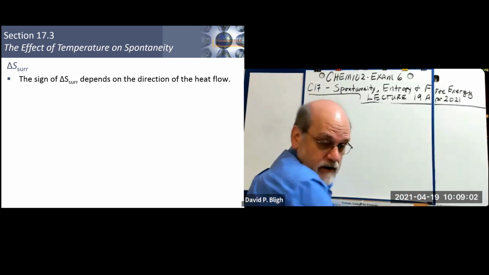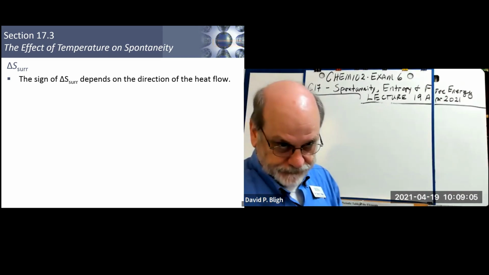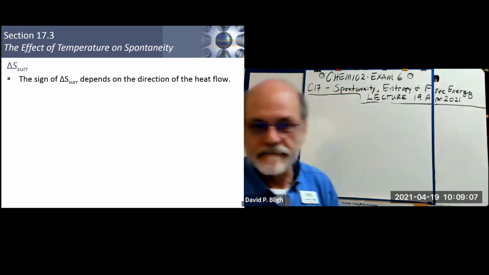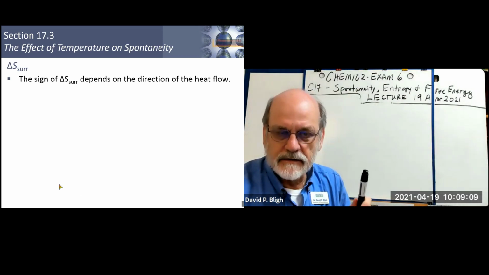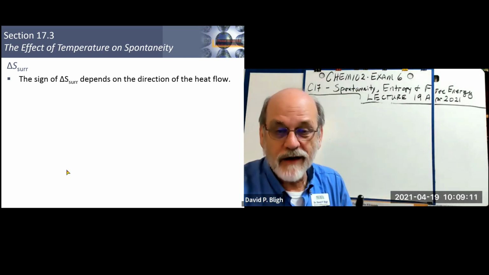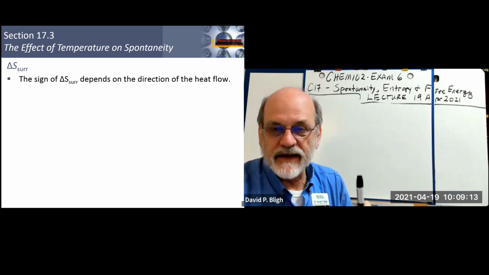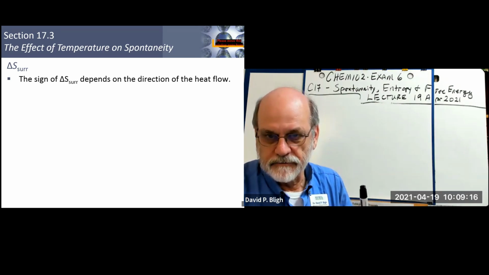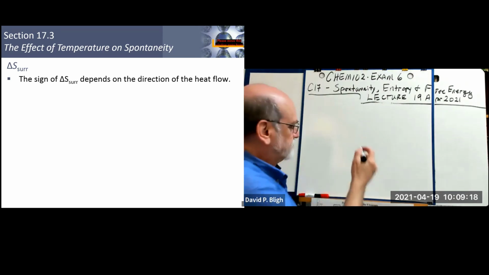Okay, there we go. So the delta S, the entropy of the surroundings, depends on the direction of the heat flow. Now, why is that?